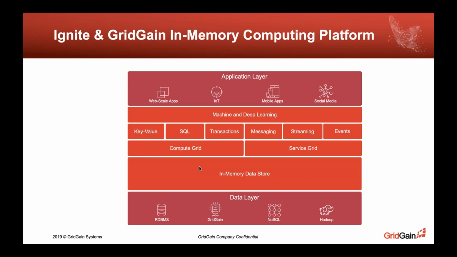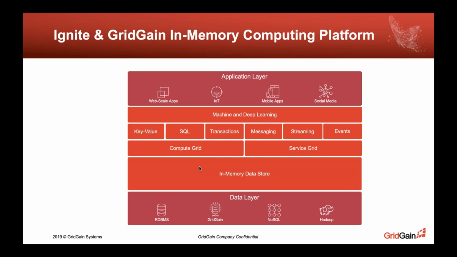So for people that are building applications to communicate with this distributed memory grid, we support a number of client technologies, and it's really based around your language of preference. So we have clients that are supported based on Java, .NET, C++, PHP, and then if we don't have a language-specific client, you can always use REST.